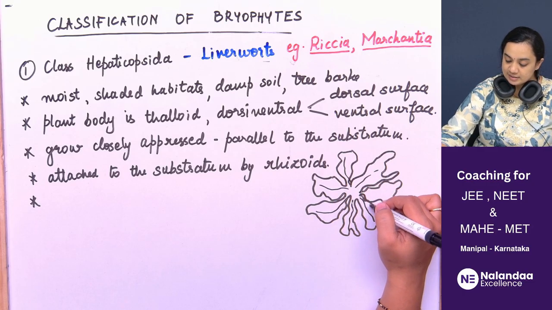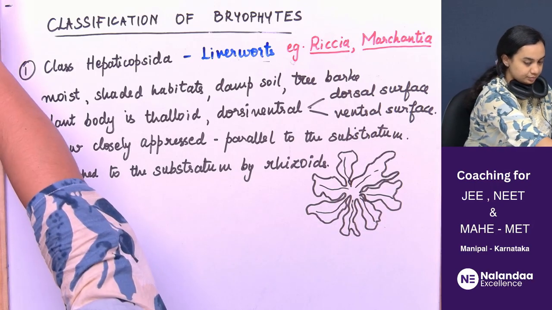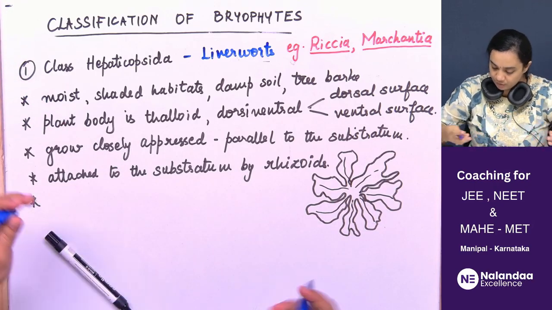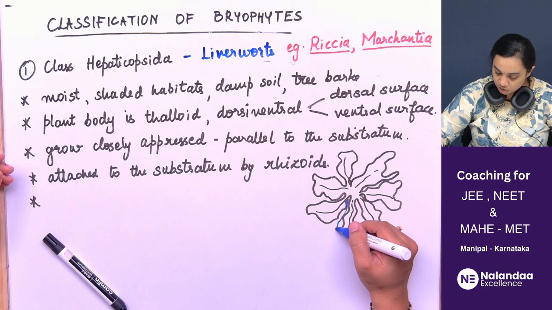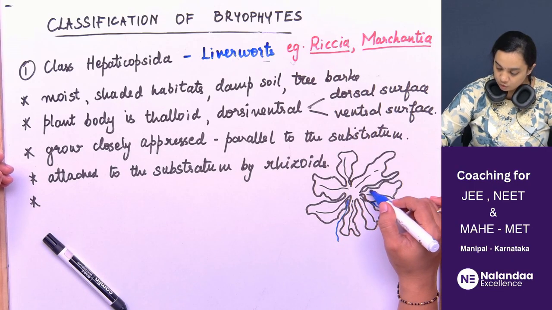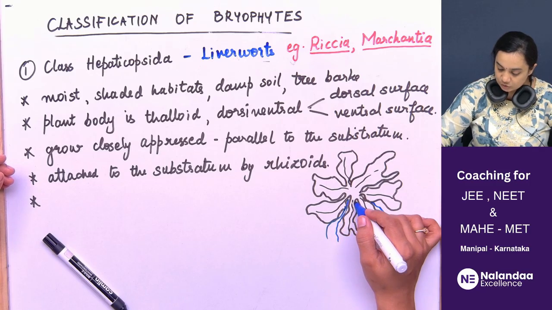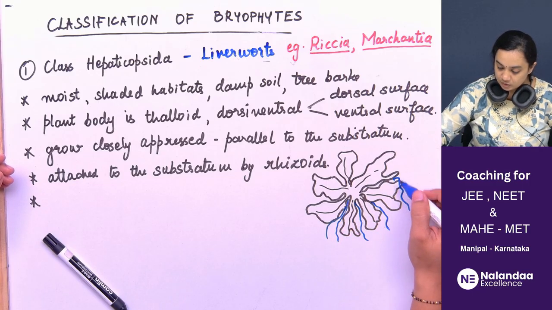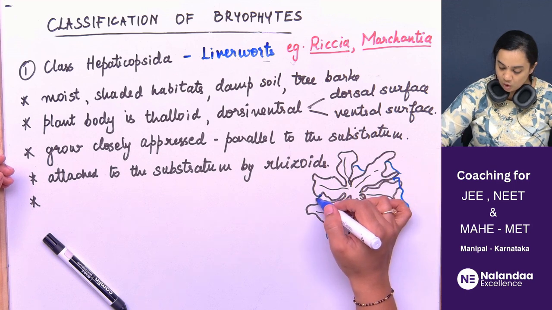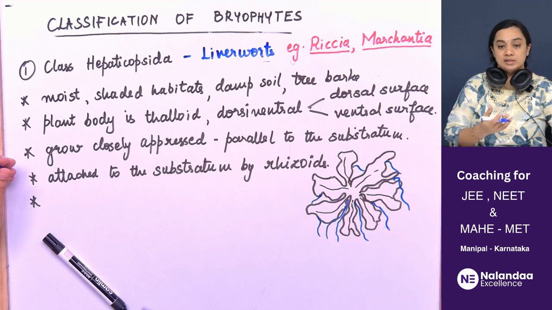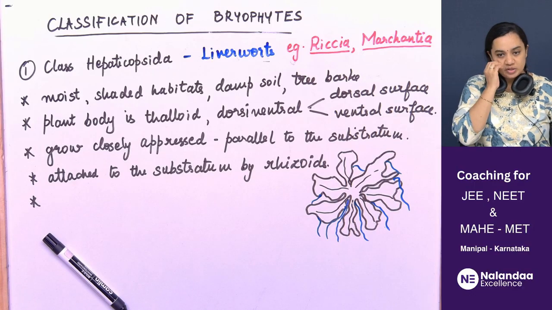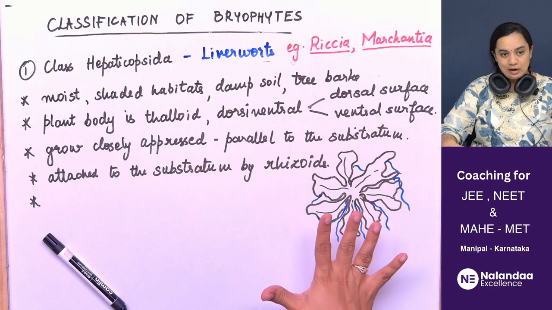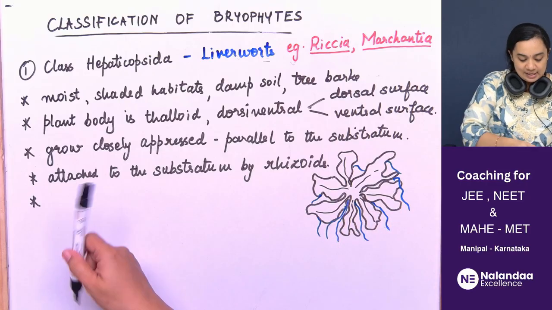Under this, let's say over here we have the ventral surface, from which there will be tiny root-like structures called rhizoids arising. Rhizoids will arise all around the undersurface and attach the thallus to the substratum. So this is a thalloid plant body, a lobed thallus.